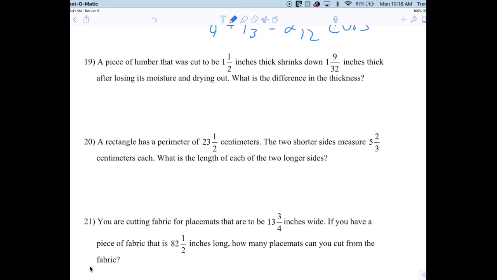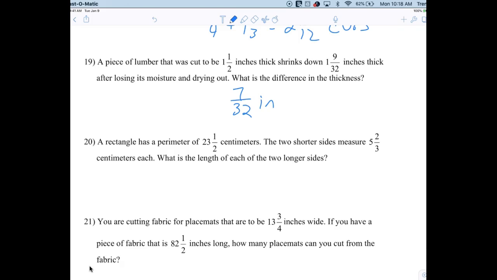She's got 7/32. 7/32 what? Inches. The units are important. I want you to get in the habit of putting down the units. Now, the problem is here, girls.